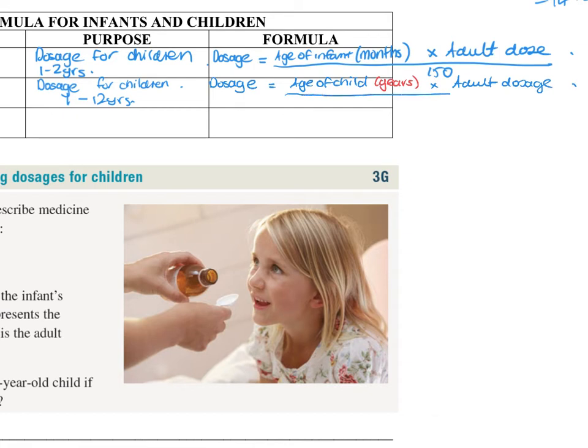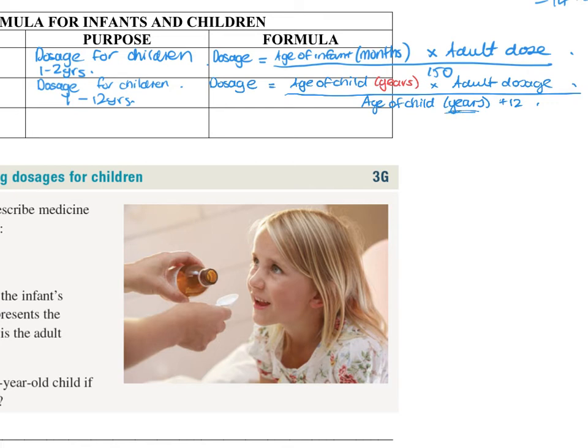Okay, then we're going to divide that by the age of the child in years, but you need to add 12. So on the bottom, if the kid was 2 years of age, what would I be dividing by?